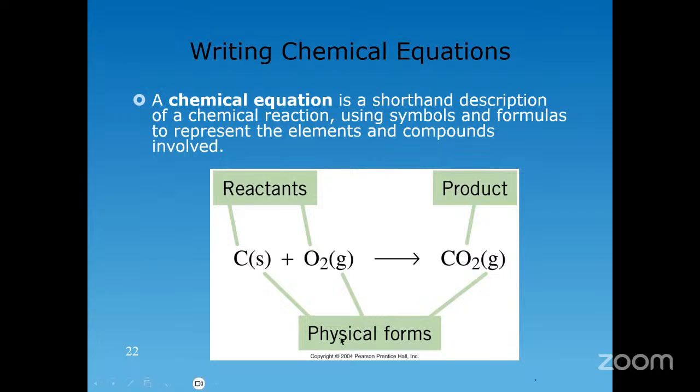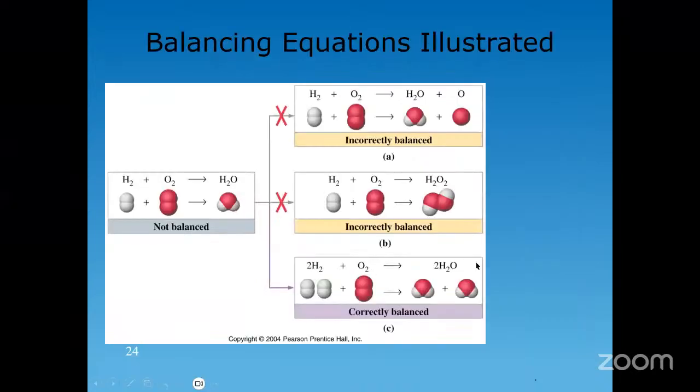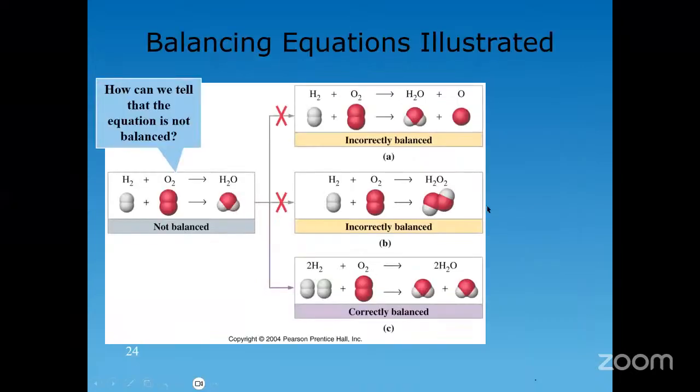You may see some additional symbols like a triangle, which represents that you heated the reactants to cause the reaction to go. In some cases, you might even get more specific information in terms of data for temperature, pressure, whether or not a catalyst is added, and so on, right? Of course, we all know the balanced equation, right?